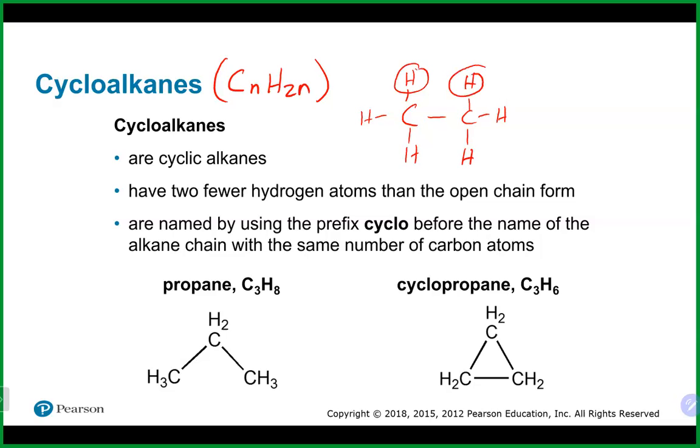So if we were to make like a double bond, we would need to get rid of 2 of those hydrogens to do so. If we made a triple bond, we would also get rid of 2 hydrogens, and it always comes from opposite carbons. So we never lose 2 hydrogens from the same carbon. It's always a hydrogen on each carbon that basically goes away.